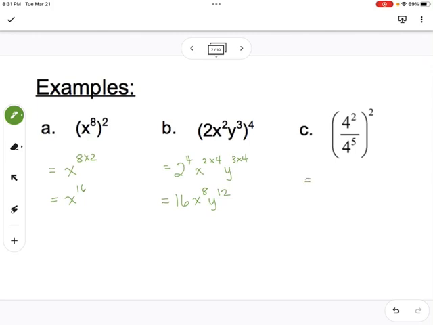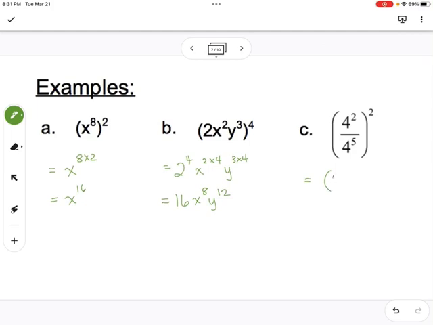The last example here. In the bracket, we have 4 squared divided by 4 to the exponent 5, and that's squared. So first we can solve what's in the bracket. We notice those have the same base, and there's division in between, which means we would subtract the exponents.